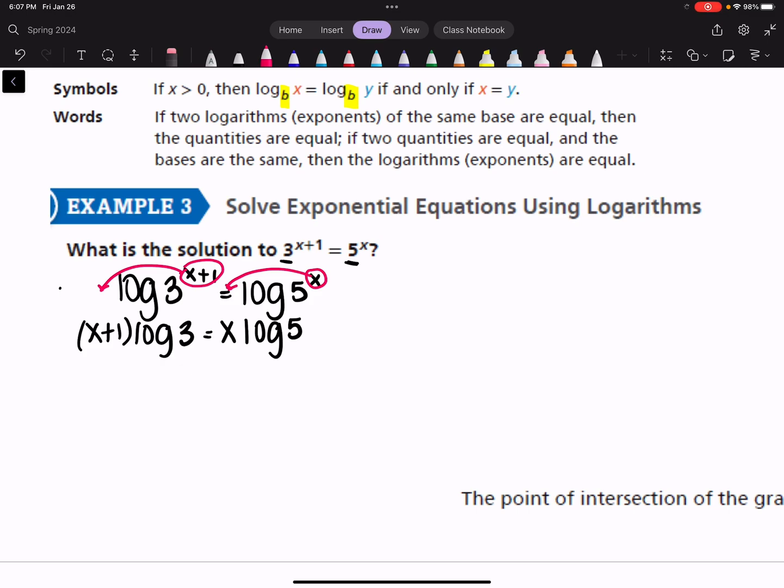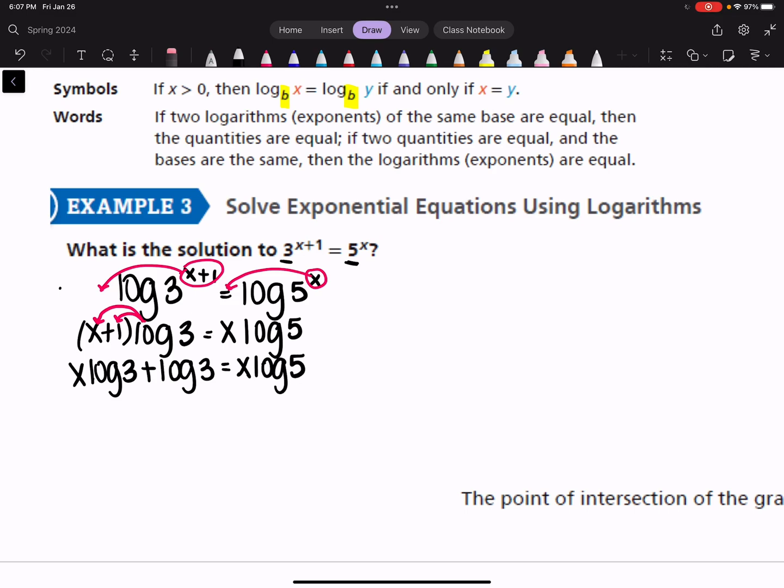We can expand out the left side of our equation by distributing log of 3 into x and plus 1. So I have x times log 3 plus log 3 is equal to x times log 5.